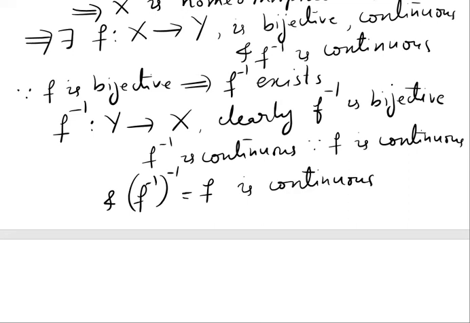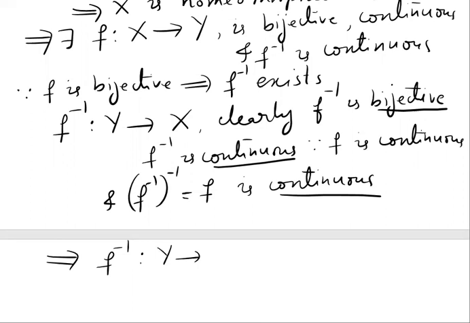What have we done now? F inverse is bijective, F inverse is continuous, and F inverse whole inverse is continuous, right? So therefore this F inverse, from Y to X, is a homeomorphism.